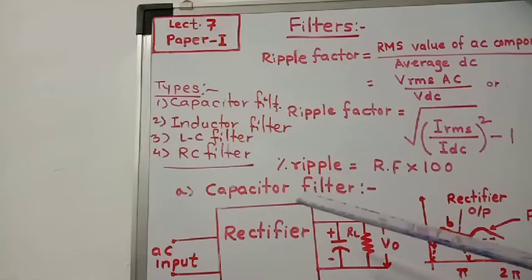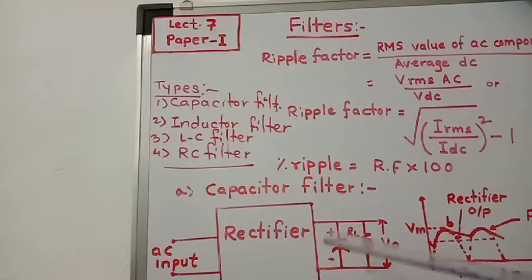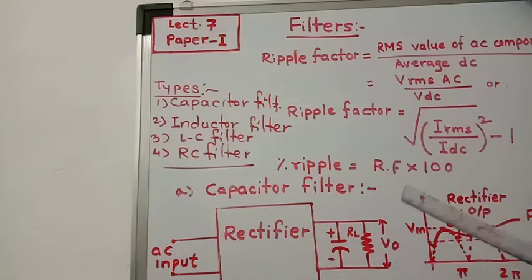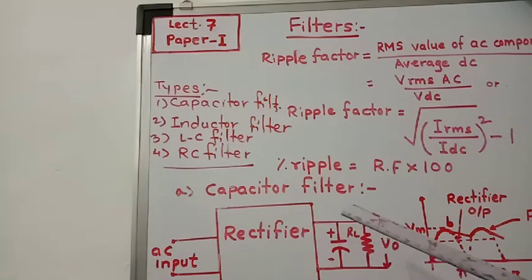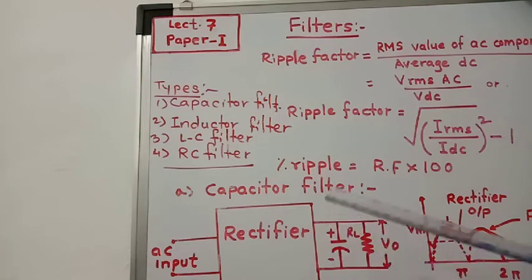The output from the rectifier circuit is not pure DC. It is a pulsating DC output voltage. It produces variations in the DC output voltage. It is not steady.